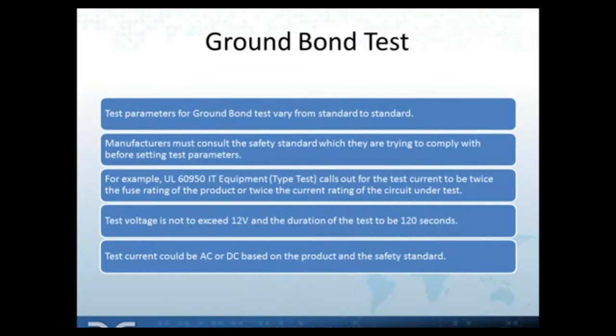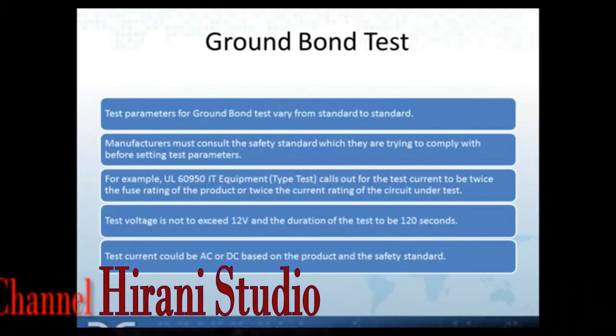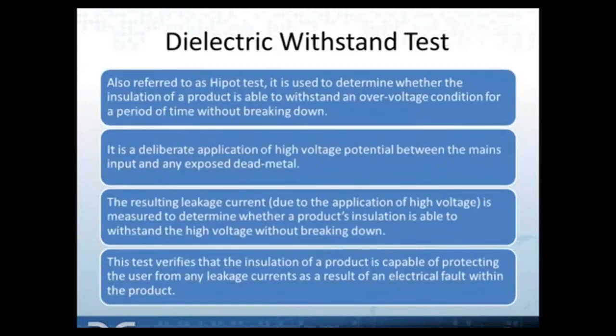The test voltage is not to exceed 12 volts, and the duration of the test to be 120 seconds, 2 minutes. Ground bond tests can be run in AC or DC mode based on the product and the safety standard, whatever the safety standard is calling out for.